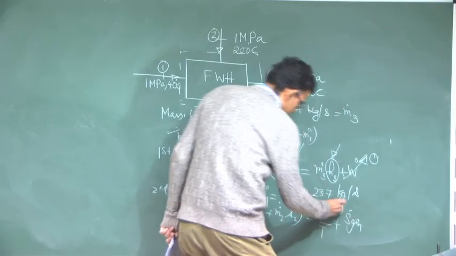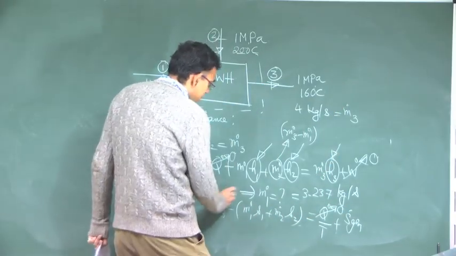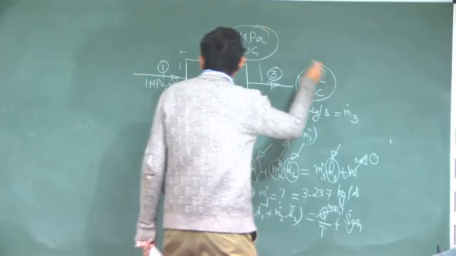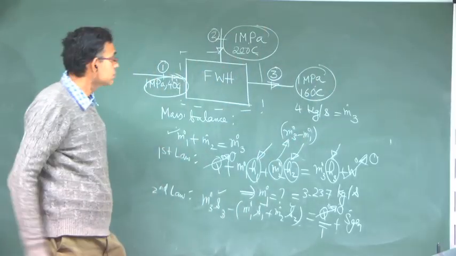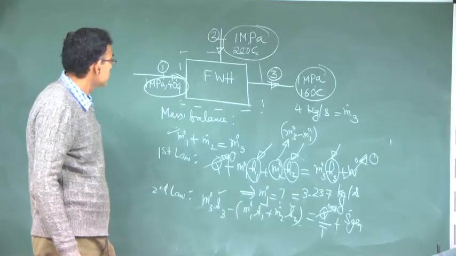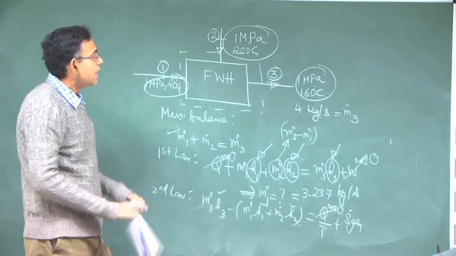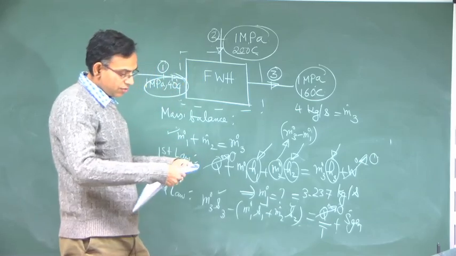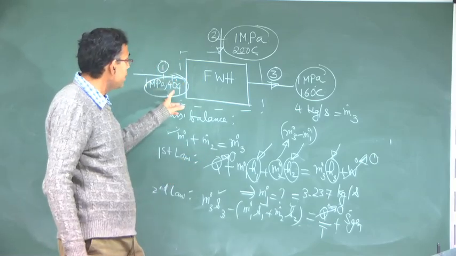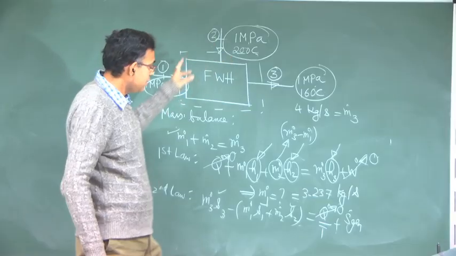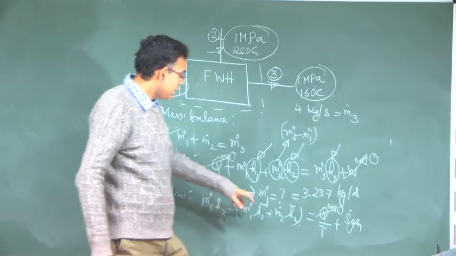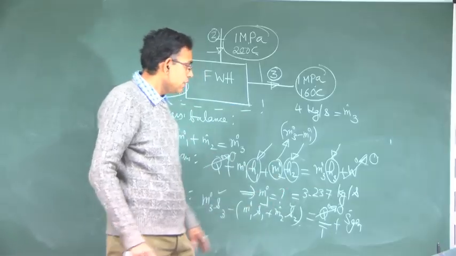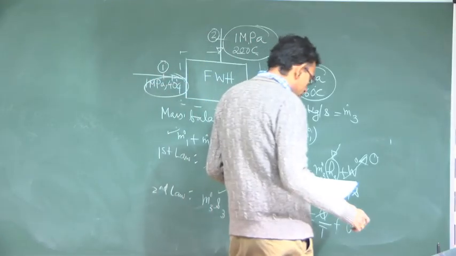This is 0. s1, s2, s3 are all from the property table at these conditions. This is water, so from the steam table you can calculate s1, s2 and s3. Mass flow rates are known, and this will give you the rate of entropy generation.